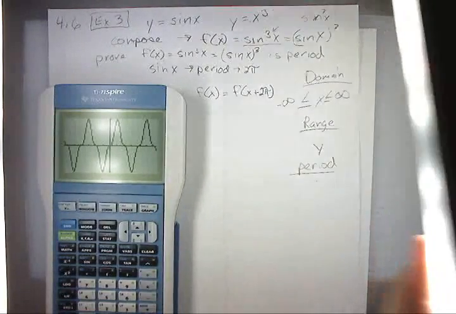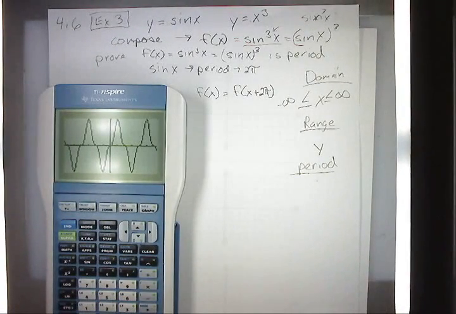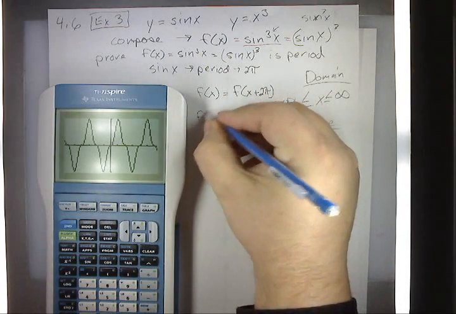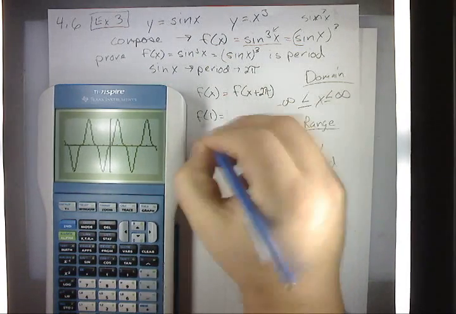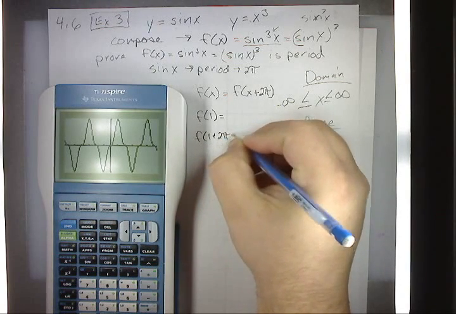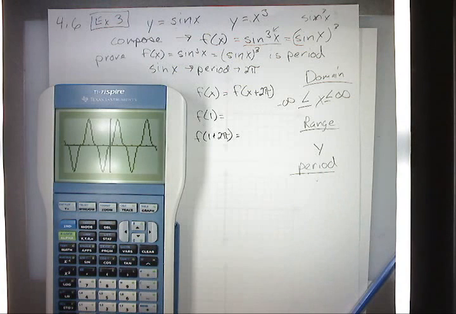The easiest way is, once I have it graphed, to hit the trace button, enter an x value, see the corresponding y value, and repeat with the x value plus 2 pi. So I'll pick the number 1: f of 1, and then f of 1 plus 2 pi. If it has a period of 2 pi, I should get the same y value. Let's try it.